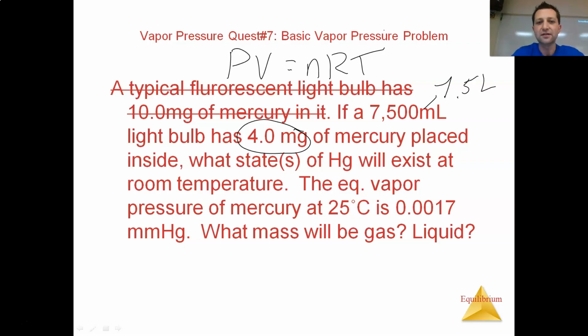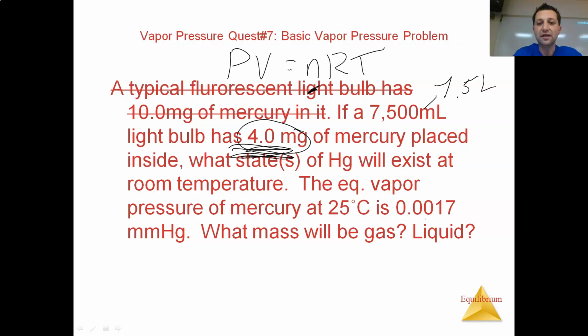Convert your milligrams of mercury into moles, and then solve for the pressure to see what the pressure would be if all of this is converted into gas. Then you compare that with 0.0017 millimeters of mercury and see which one's higher or lower.